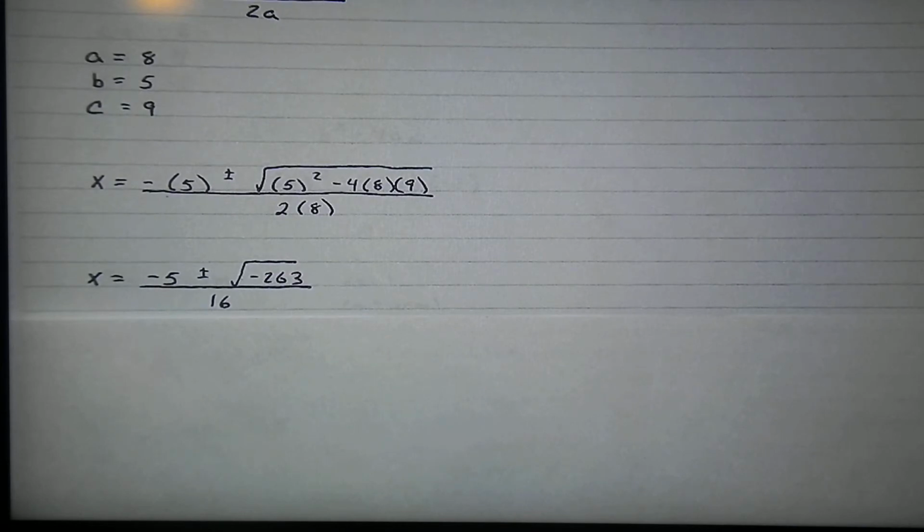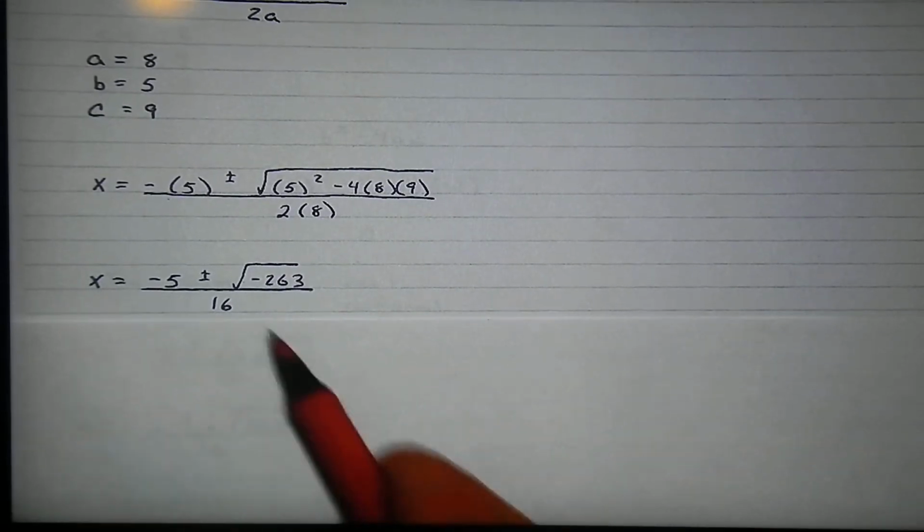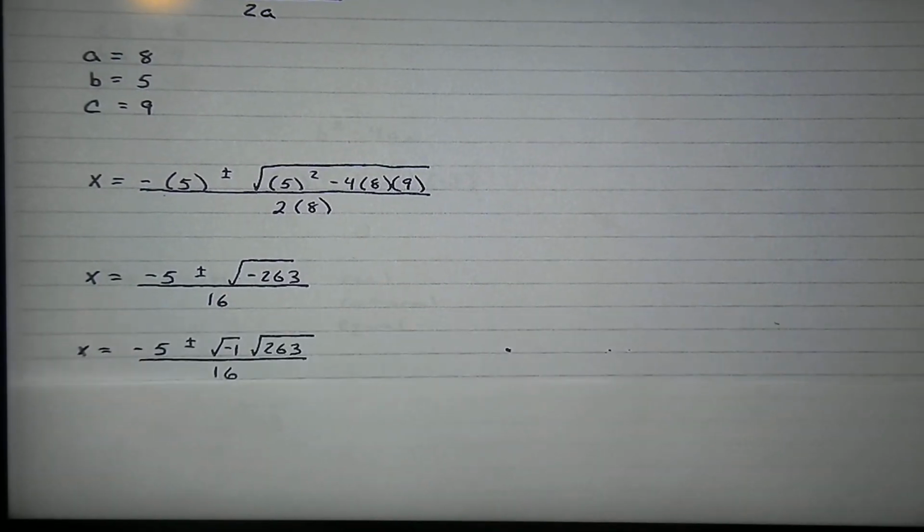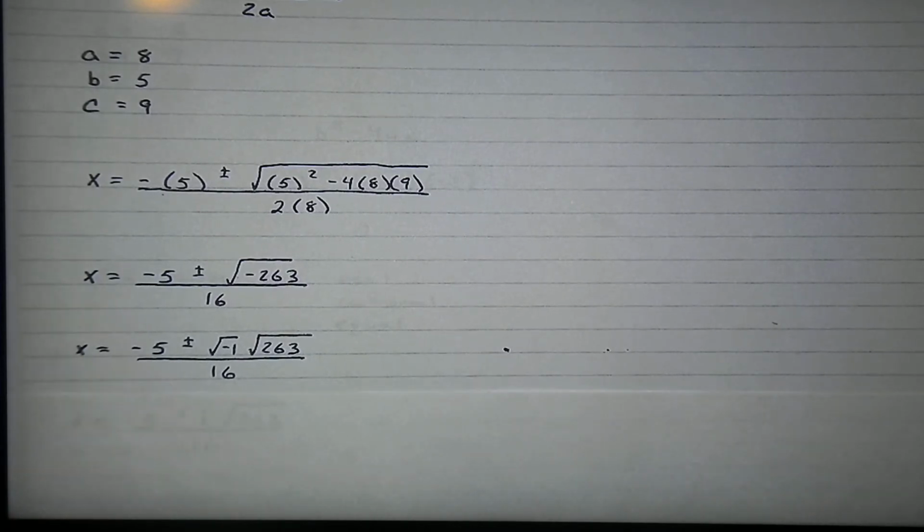Immediately, I recognize I can deal with the negative inside the square root. So I factor out the square root of -1. The square root of 263 proves to be more of a challenge.